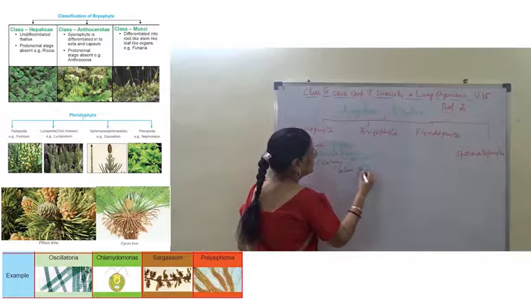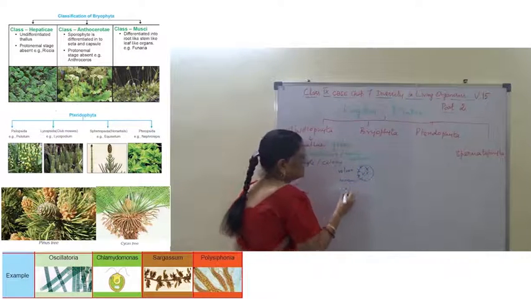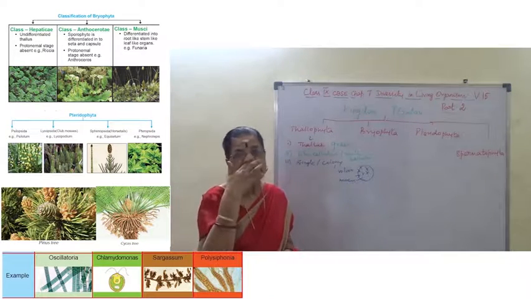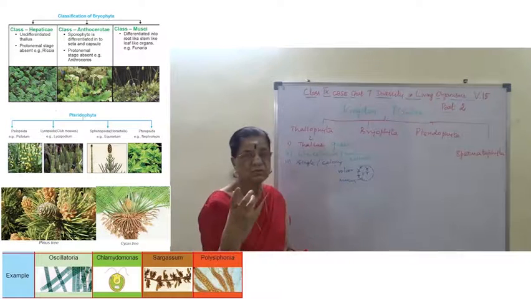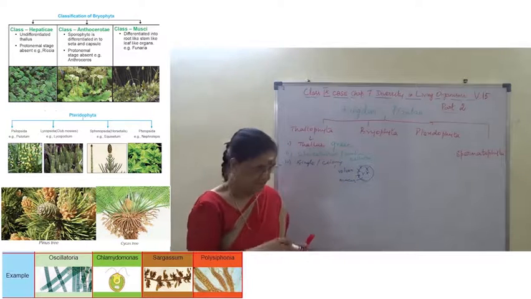This is a Volvox colony, and these are all gelatinous mucus. Among the gelatinous mucus, numerous Volvox are grouped. That is a Volvox colony.